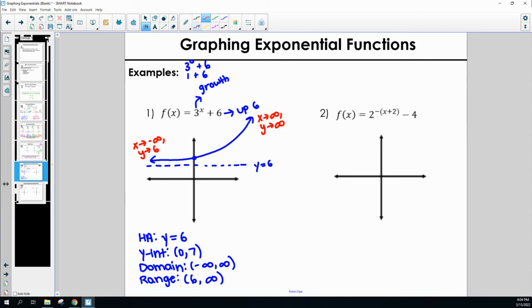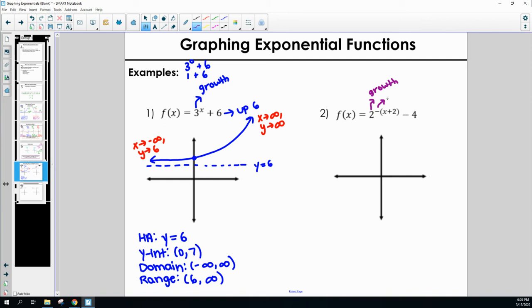Okay, so let's look at number 2. First, let's recognize the base. 2 is our base. It's greater than 1, so it's a growth. Okay, now let's look at our transformations. We have a negative in front of the x.